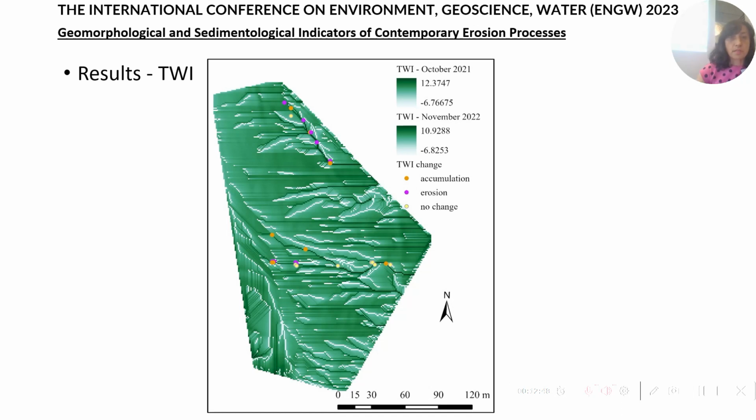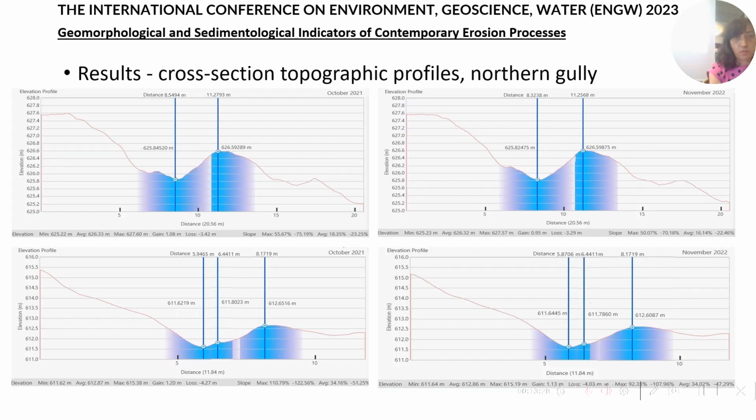The results show that in the northern gully, erosion processes were a bit more clearly defined, while in the other gully no changes or accumulation are predominant in the low part of the gully, and in the upper part, erosion processes are more active. This index also can be used for delineating permanent and non-permanent slopes.